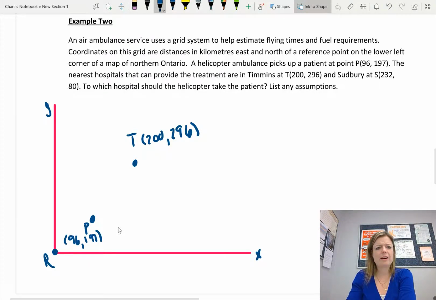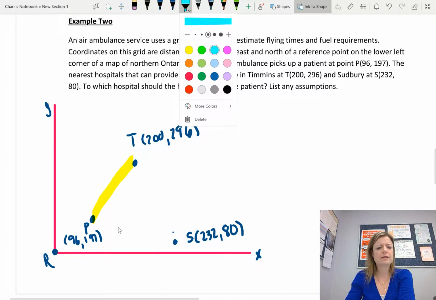So there is a hospital, and then there's a hospital in Sudbury at 232.80. So the question is, which hospital should this helicopter take the patient to? So the patient's here. Should they go to Timmins or should they go to Sudbury?